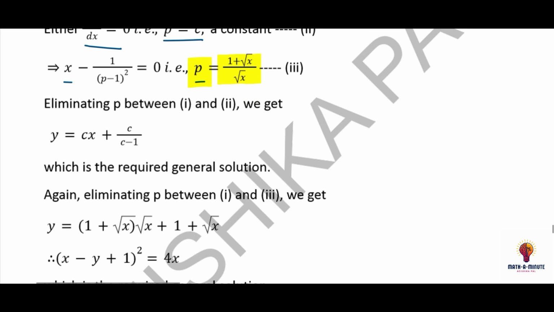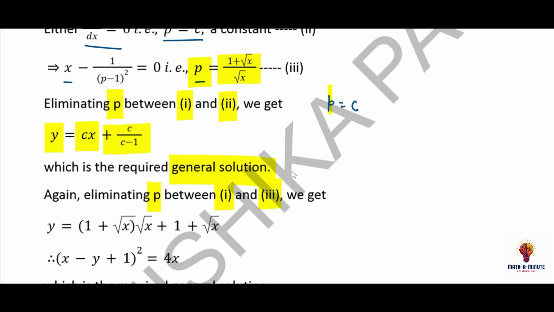Now, if we eliminate p from equations 1 and 2, because the value of p equals c, in the place of p if I put c, it will be y equals cx plus c/(c minus 1), which is our general solution. Okay, but to obtain the singular solution, we have to eliminate p from 1 and 3.